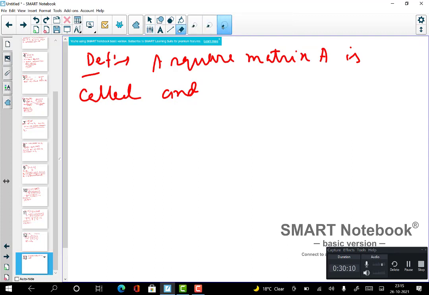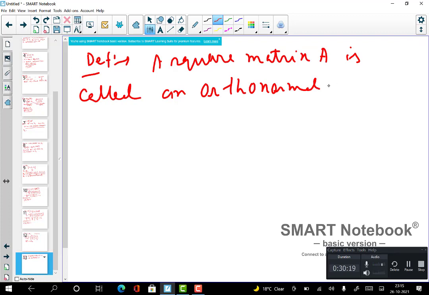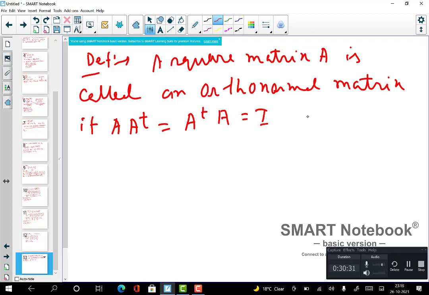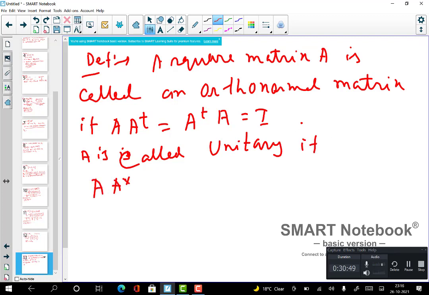Matrix, if obviously A transpose A is equal to A A transpose, which is identity matrix, and A is called unitary if A star A equals A A star equals identity, right?